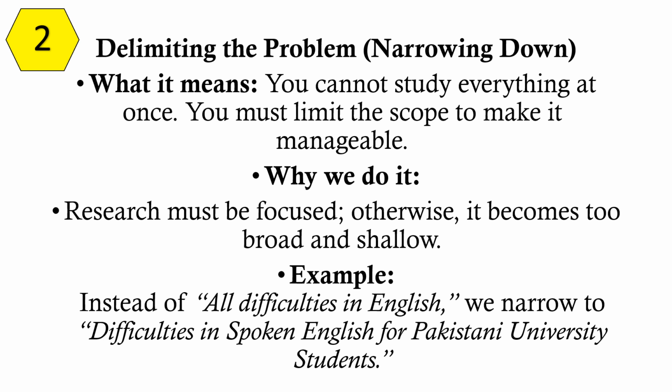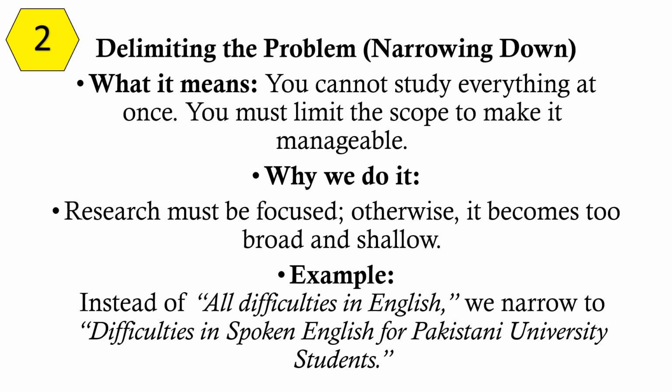So why do we do it? Research must be focused, otherwise it becomes too broad and shallow. Like I gave you so many directions within one research area. So if we want to delimit it, instead of all the difficulties in English, we narrow down to difficulties in spoken English for Pakistani university students. In this way, I have not only delimited my topic, but also my population.